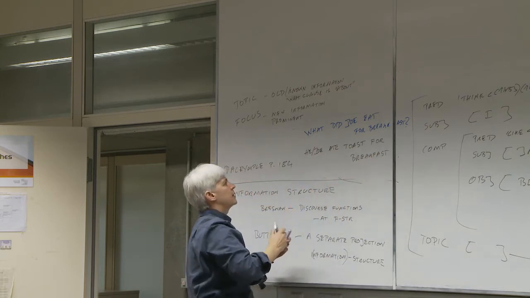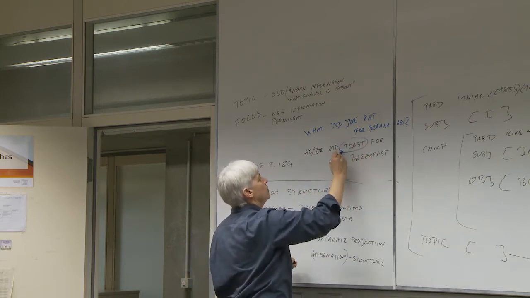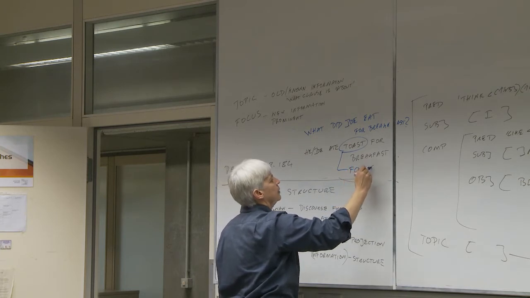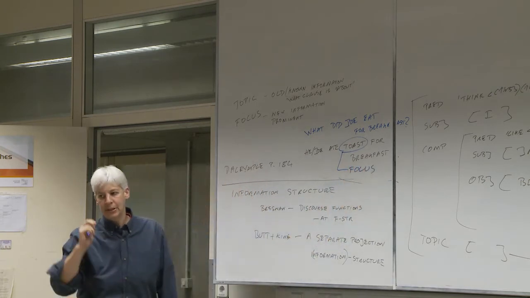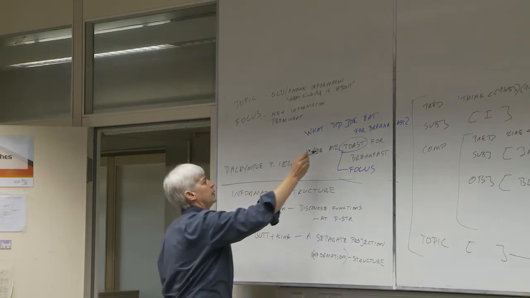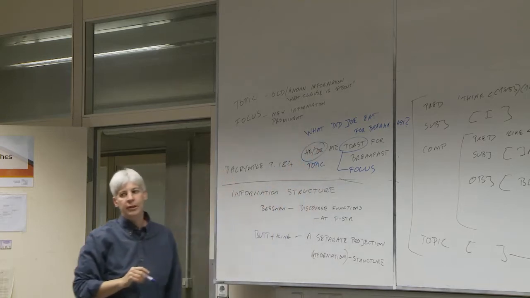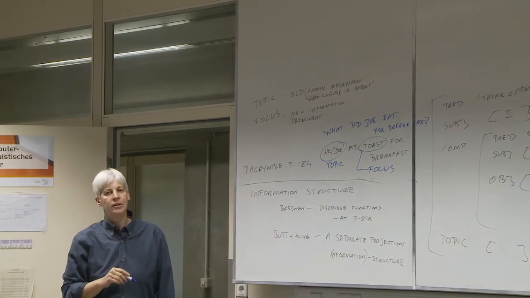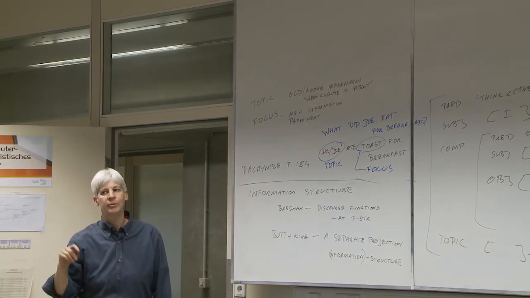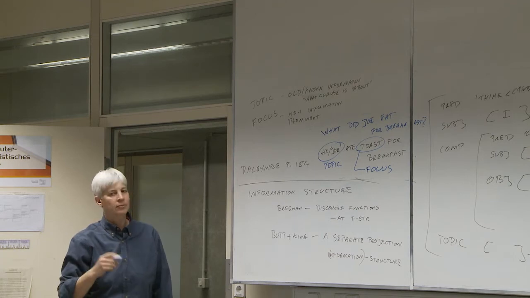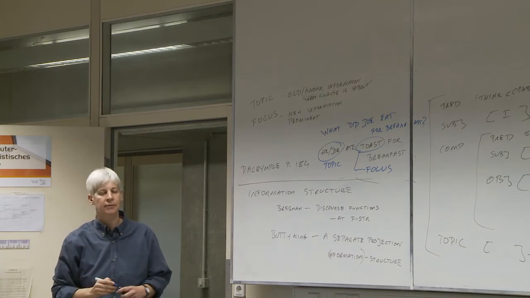Okay, so in this case, this thing is your focus, right? This is what's new. Somebody's asked for this information. And this thing is your topic. And generally, if something is a topic, you tend to be able to replace it with a pronoun as well, right? Because this is old information. You know it's about Joe. So you don't have to say Joe again. You can just say he.